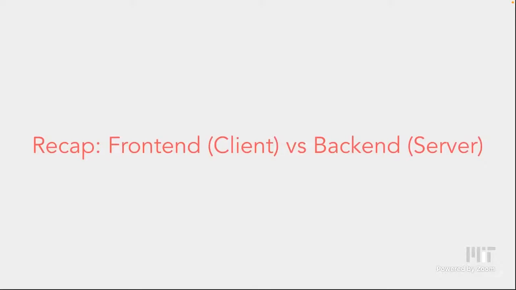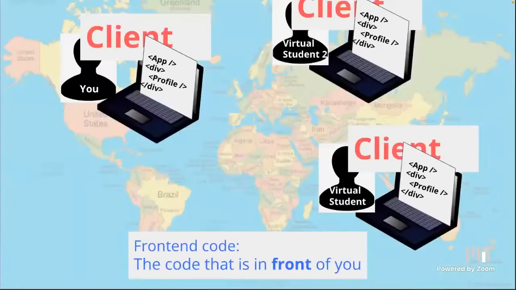So I'm going to start with front end and back end, because we started by doing a bunch of React stuff. And then we started talking about the server. So the front end is when users go onto your website.